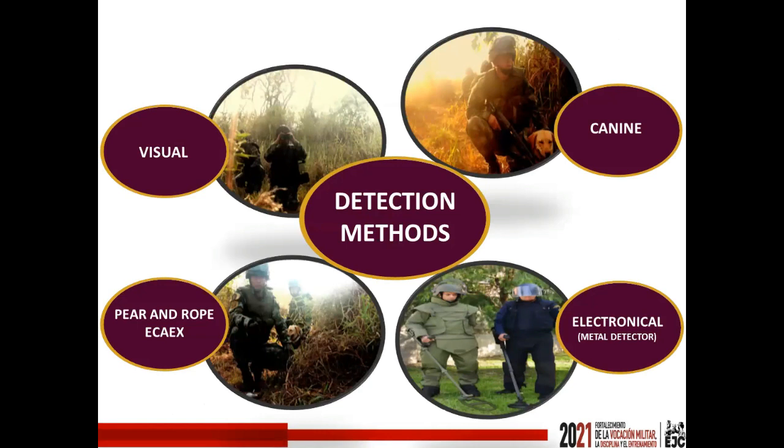After that, we use the parent rope, the kites, and the nest. We use the canine or the canine binomial. And finally, we use the electronic mirror. It's called that because the metal detector is used like an electronic mirror, electronic element.